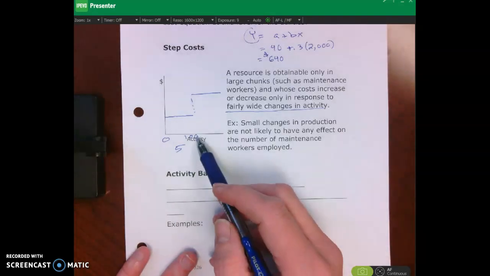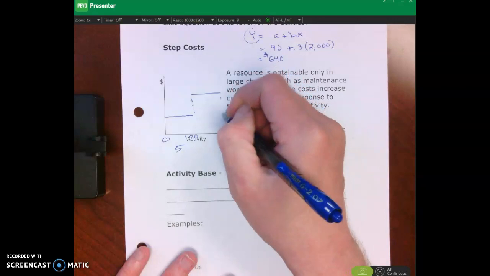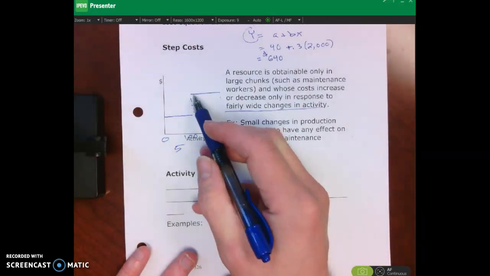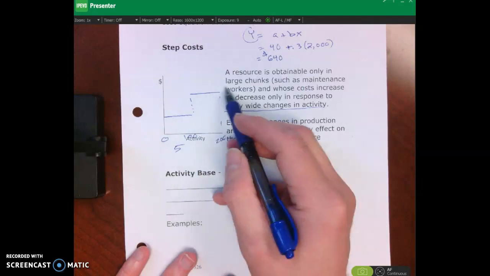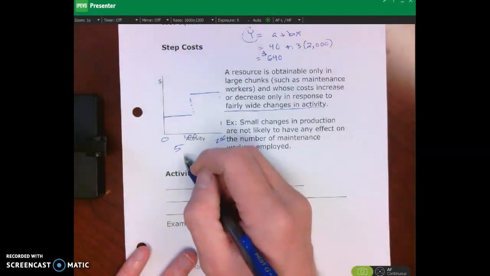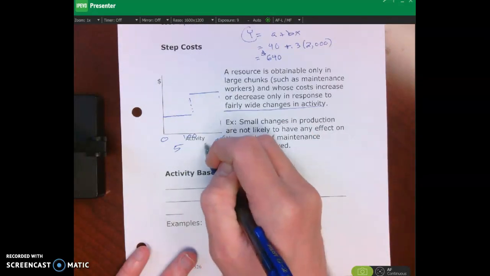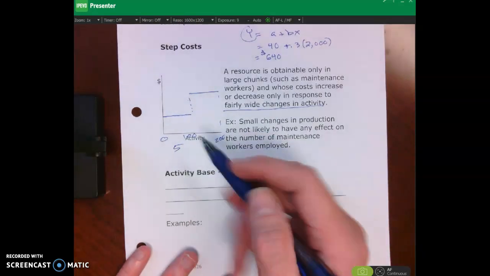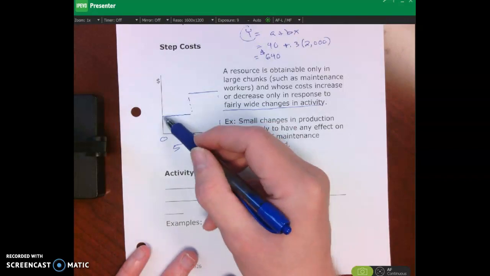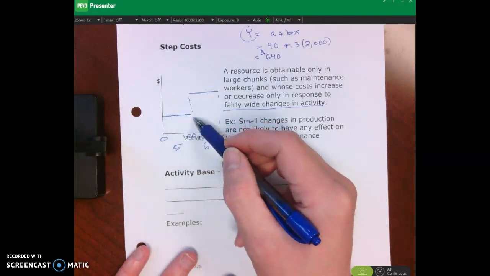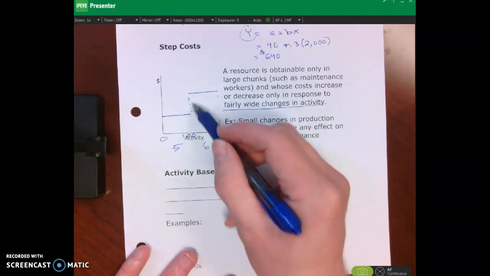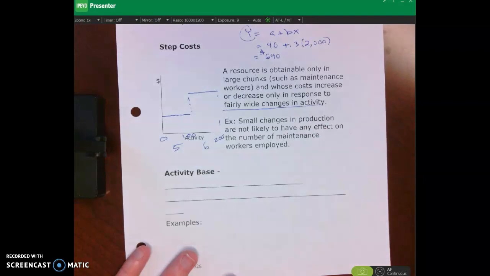But then as we go from 100 to maybe 200 units, we actually have to have some new machines to help us out. And then what we have to do is hire another maintenance worker. So now we have 6. But you can see that the number of maintenance workers stays constant up until some point, and then it jumps up like this. Okay, because we have to add another maintenance worker.